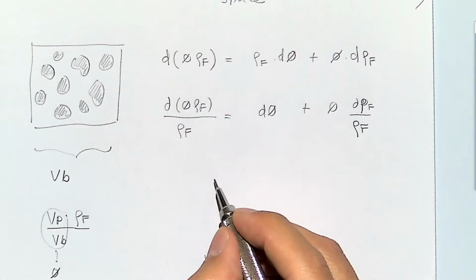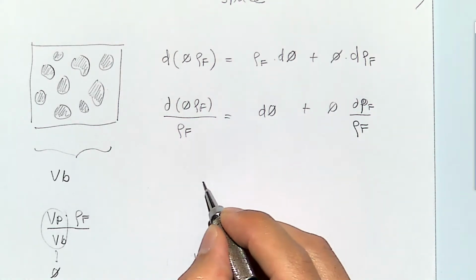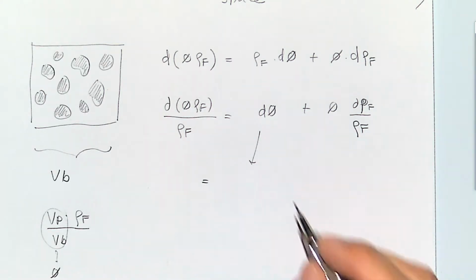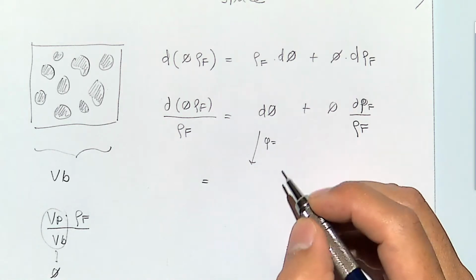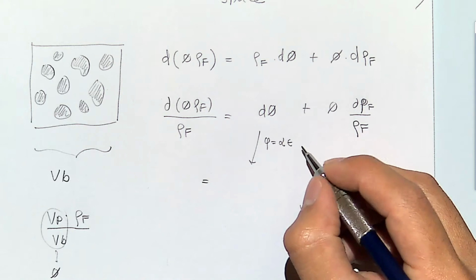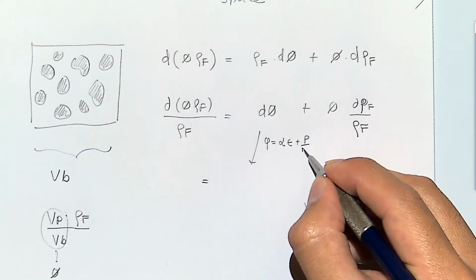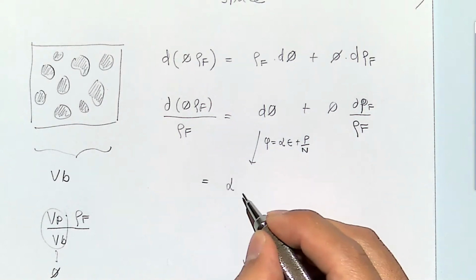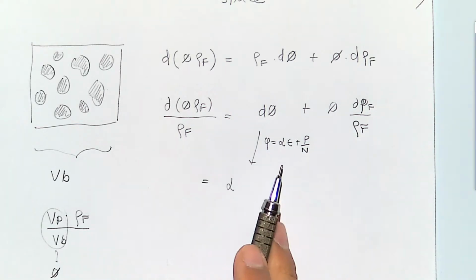First of all, if you remember, we had an equation for variation of porosity. That was the third equation of poromechanics that tells you that variation of porosity is equal to Biot coefficient times volumetric strain plus pressure divided by the pore modulus. So we're just going to write this over here, and we'll write it in differential form.